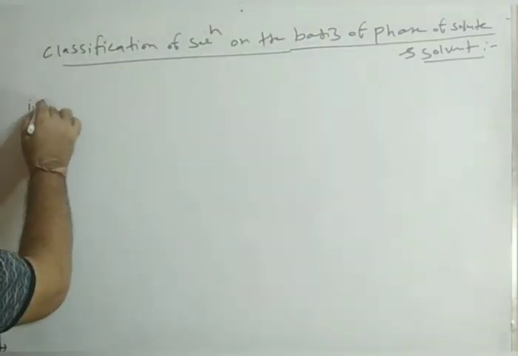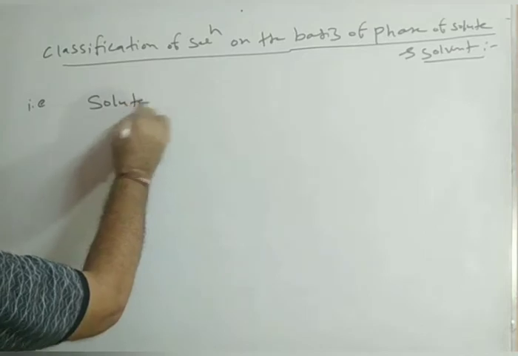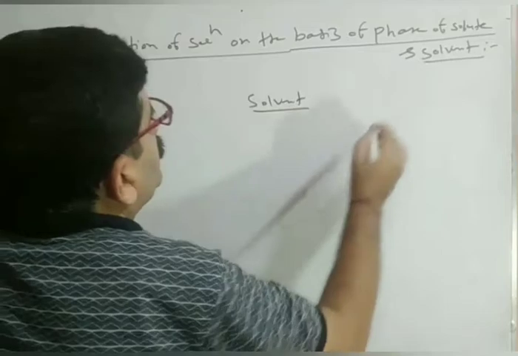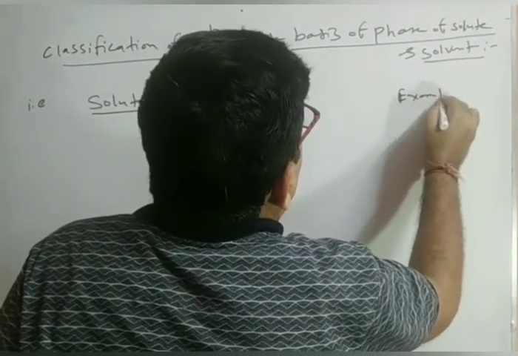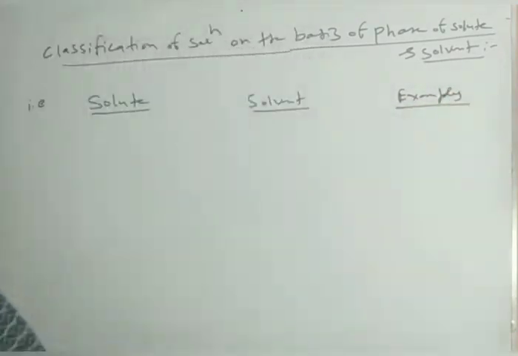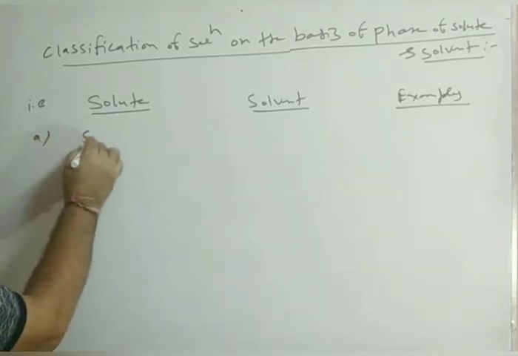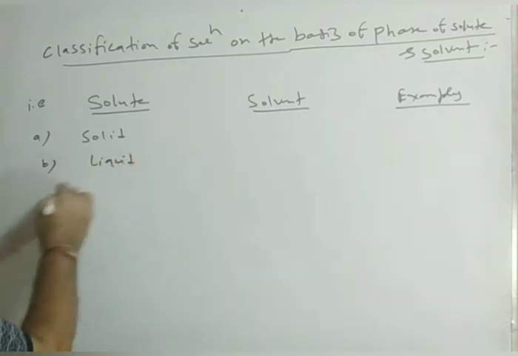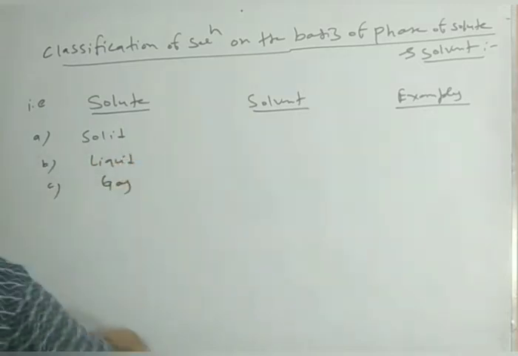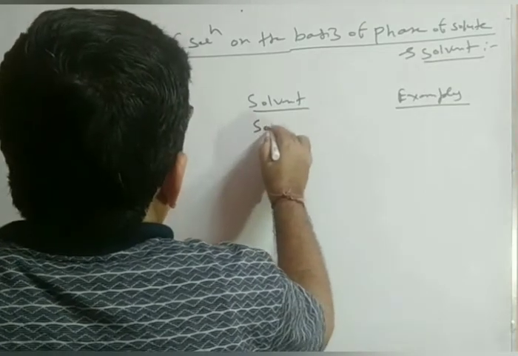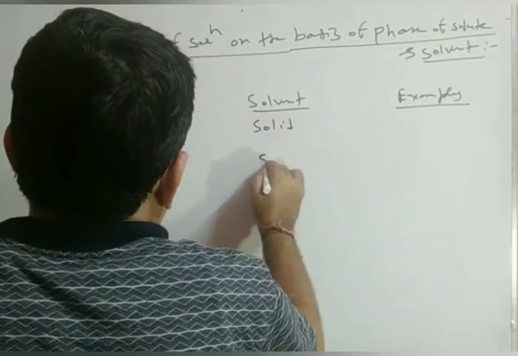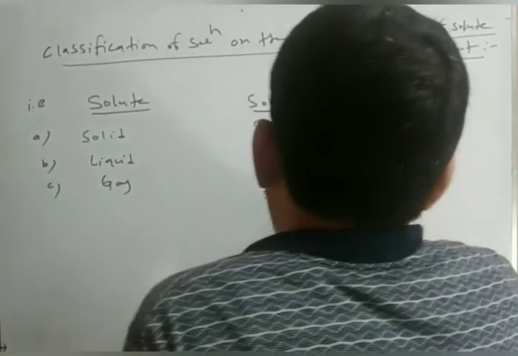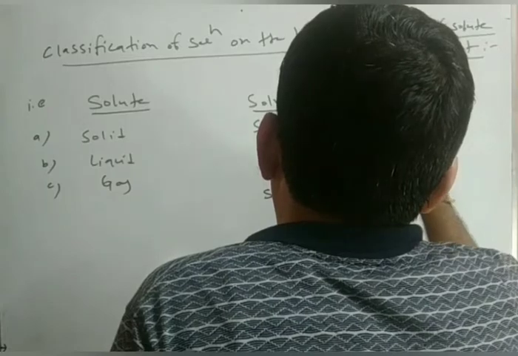So we can write solute, solvent, examples. First one, solid, liquid, gas. Here we can write solid, solid, solid. Example is any alloy.